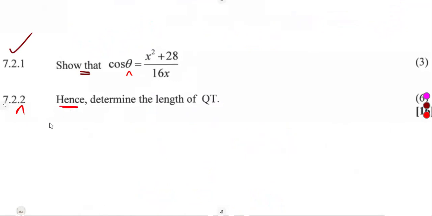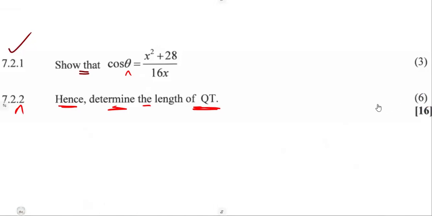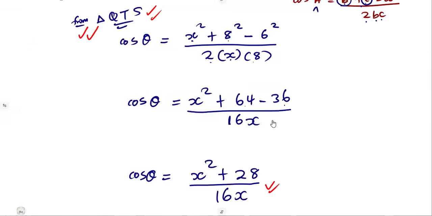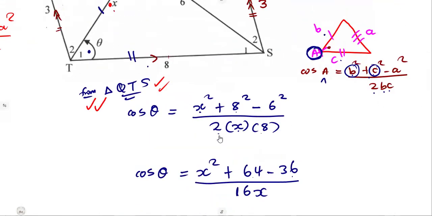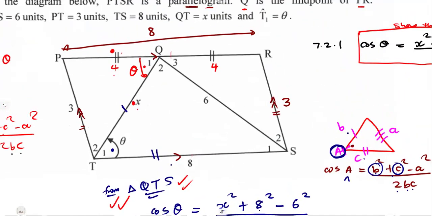Hence, from what you have calculated before, determine the length of QT. QT represents what? It represents X. This is QT.